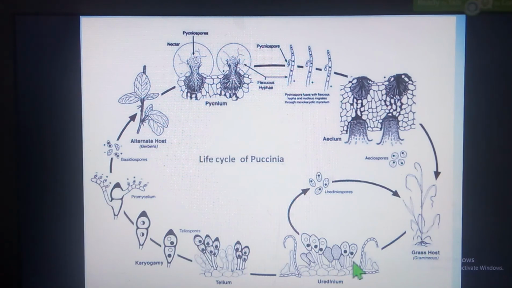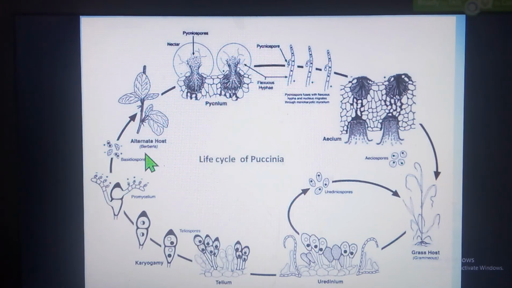They will germinate, but at the end of the wheat season, they will start to form teliospores.